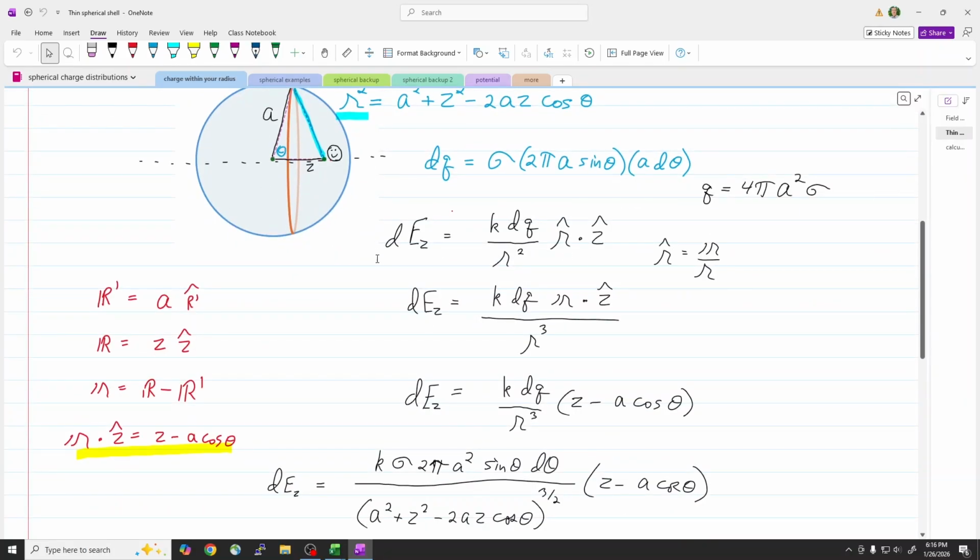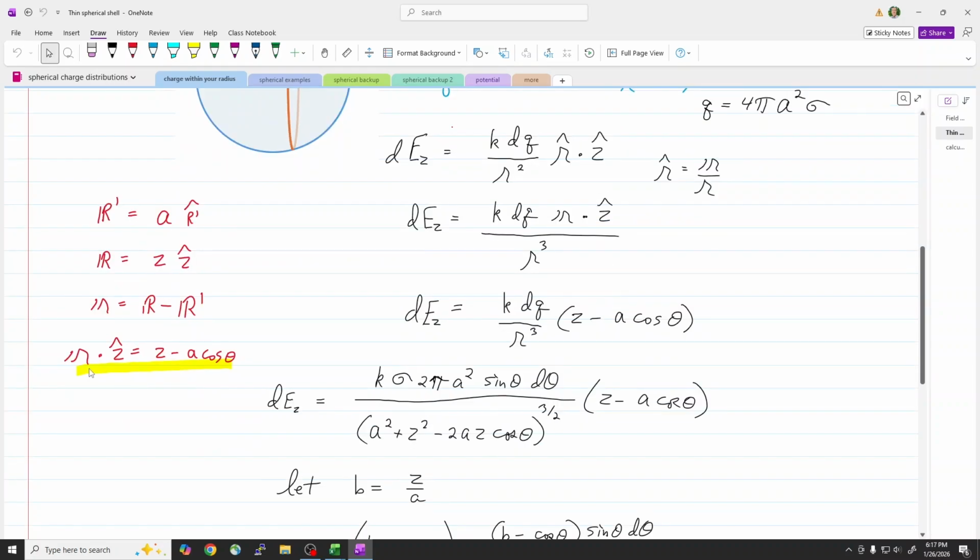So the contribution to electric field I need to worry about is that z component. So d E sub z is basically k dq over r squared. Now we already talked about the dot product of the relative position little r vector dot z hat, which is z minus a cos theta, and I have the k dq over r cubed.